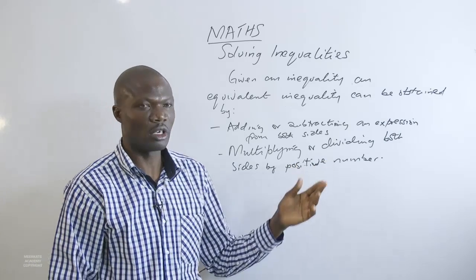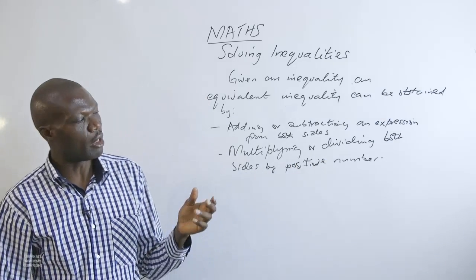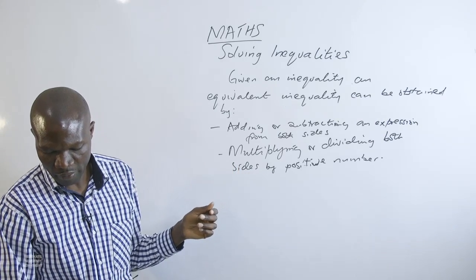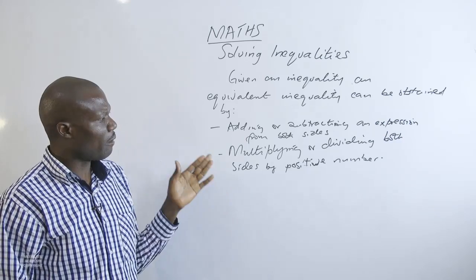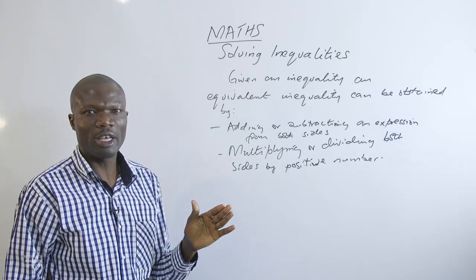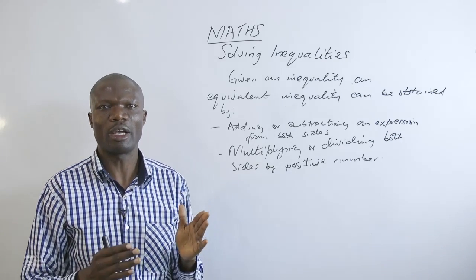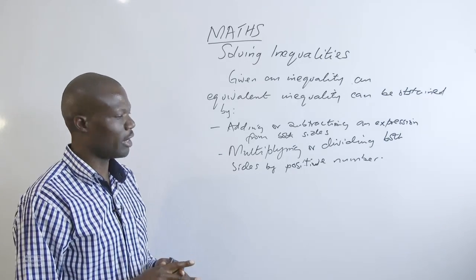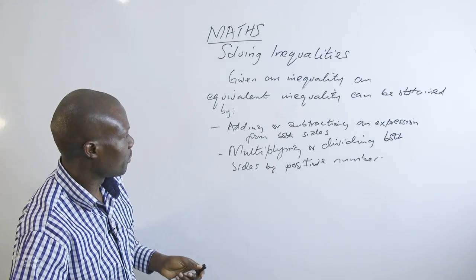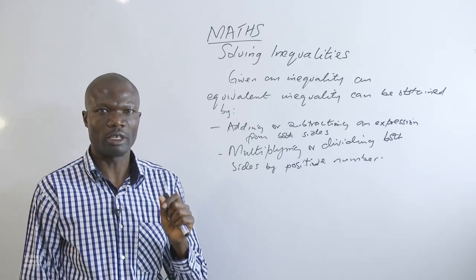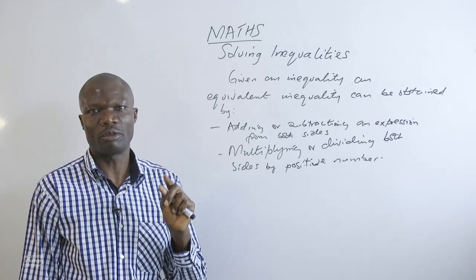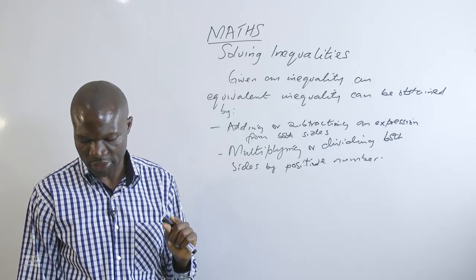Now, if we happen to multiply or divide by a negative number, then this will bring in a different approach about the inequality symbol, because it will require that the inequality symbol changes.